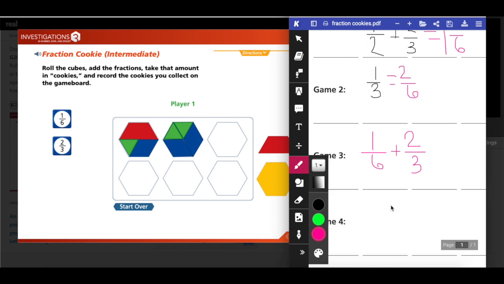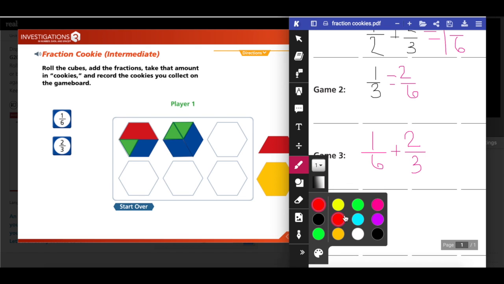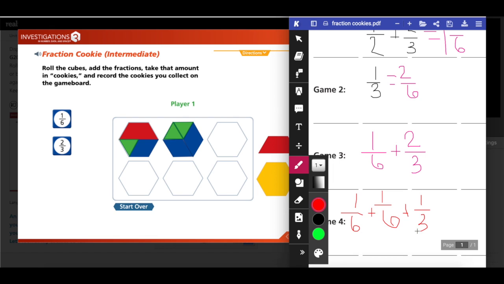So that kind of shows me that 1/6 plus 1/6 plus 1/3 plus 1/3 is equal to what? It's equal to 1 whole. Because I know that 2/6 is also equal to 1/3.